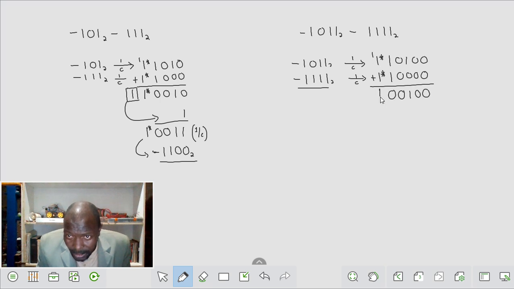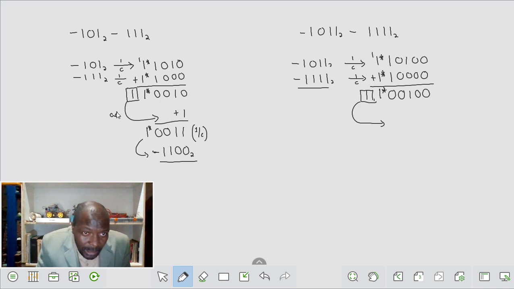So this is going to be 3, but our sign bit doesn't change position. So this here is our carry. We are doing 1's complement, so we add the carry. I didn't say add the carry this side. I just said it, but I didn't indicate it. So we add the carry.